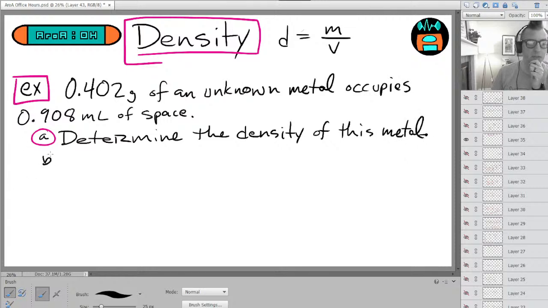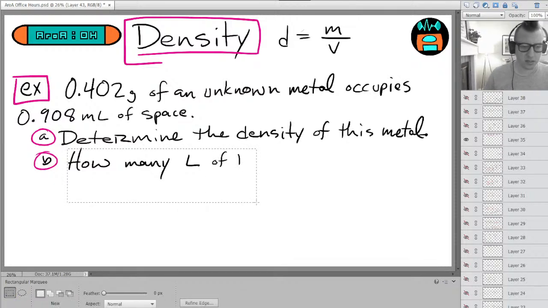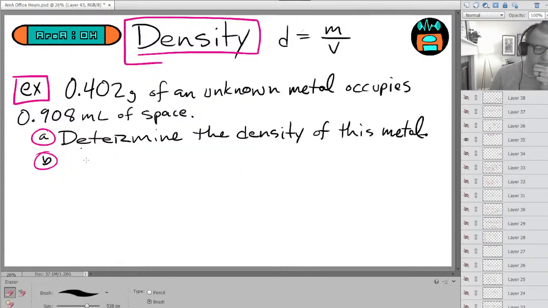Part B, our first two-parter. How many liters, actually, sorry, there's a better way to phrase this. Oops.